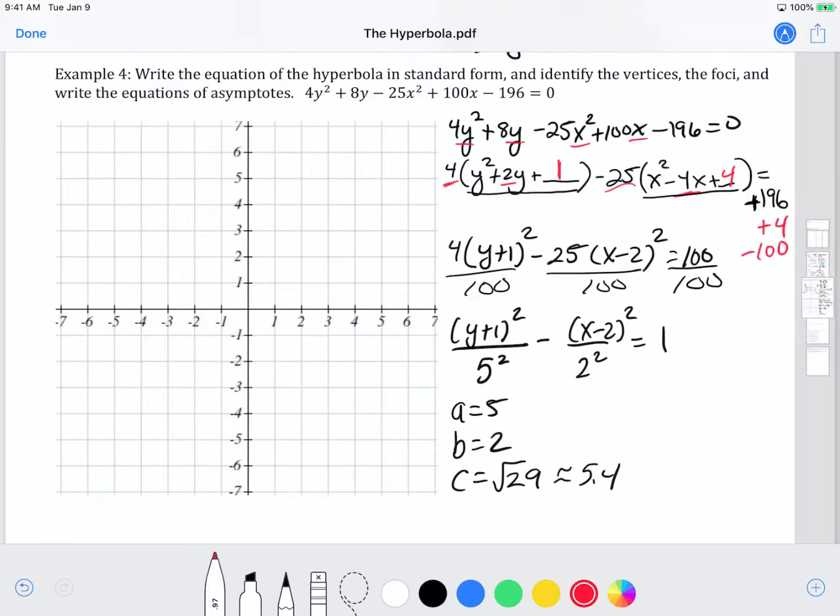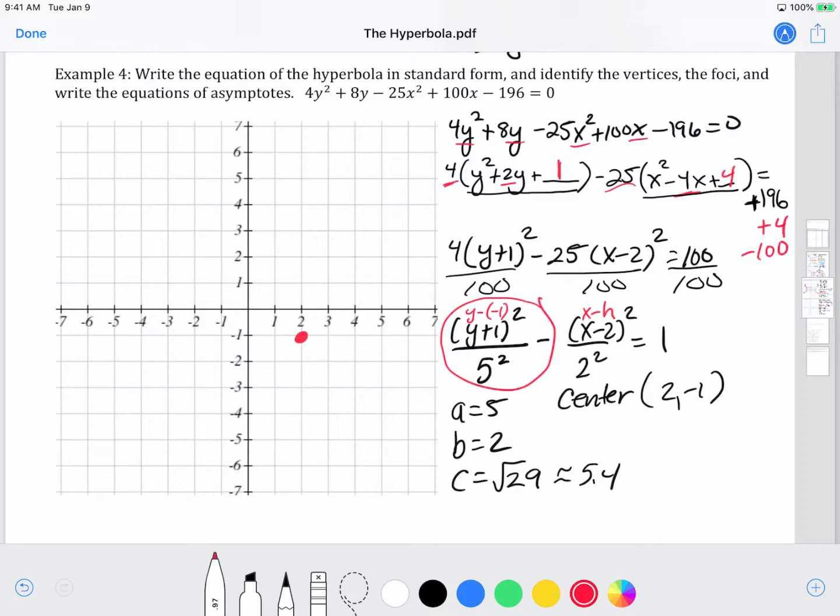Now, because my y term comes first, this is going to run vertically. My center, if you notice, is going to be 2, negative 1. It's been shifted. Here's my h, x minus h, so h is 2, and this is y minus a negative 1, so my k is negative 1. So my center is 2, negative 1.